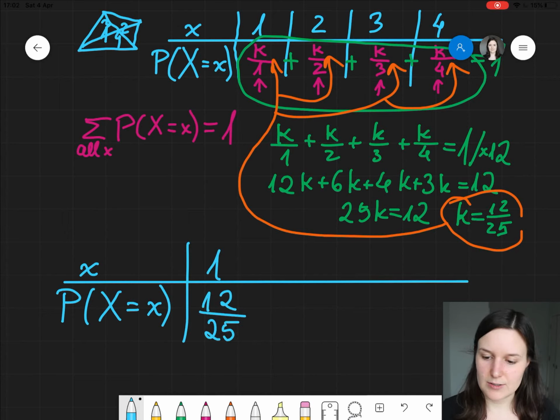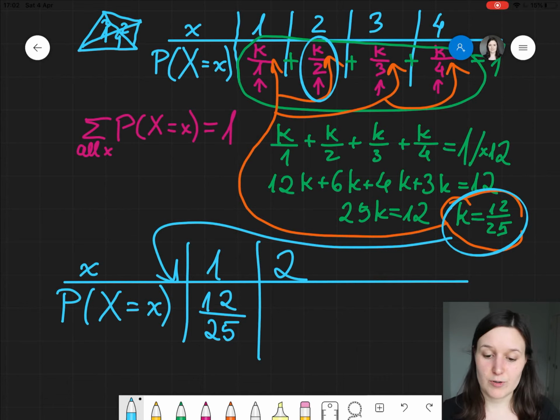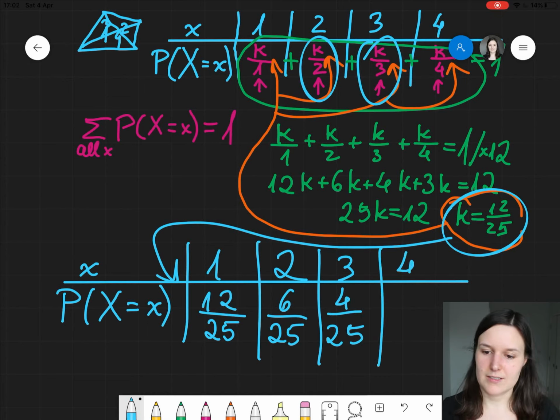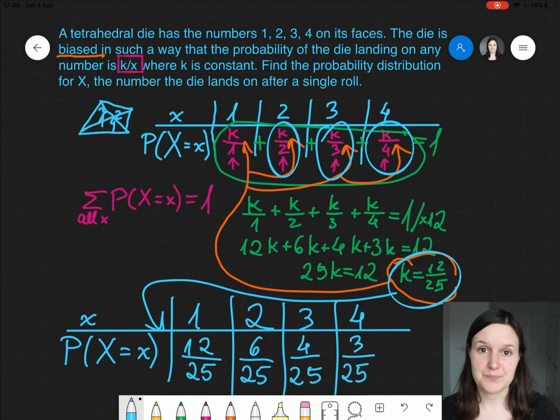I know that k is 12 over 25. 2 was k over 2, so 12 over 25 over 2 is 6 over 25. 3 was k over 3, so 12 over 25 over 3 is 4 over 25. And 4 is k over 4, so 12 over 25 divided by 4 is 3 over 25. That's the probability distribution. That's my solution.